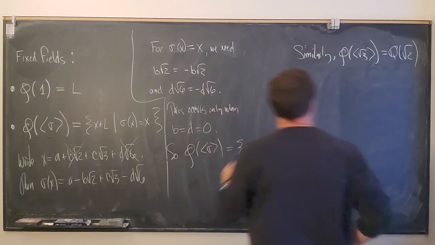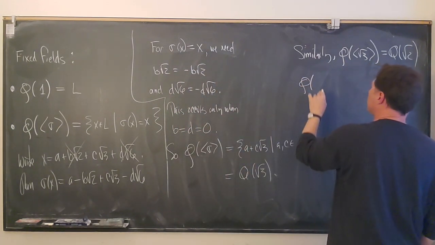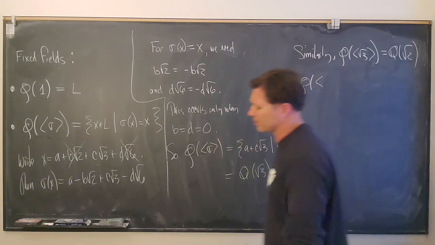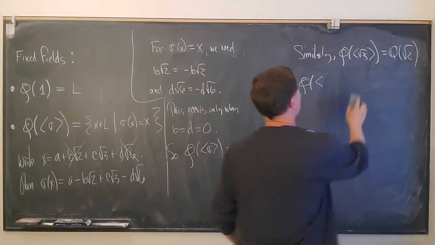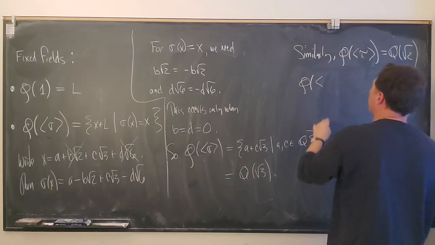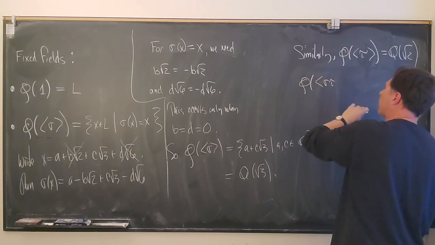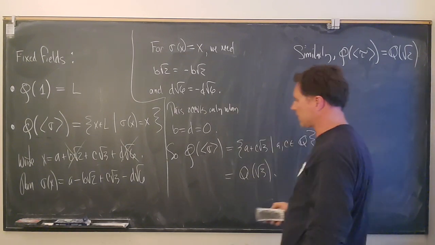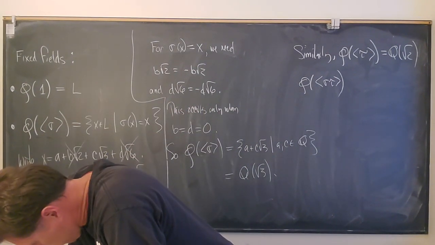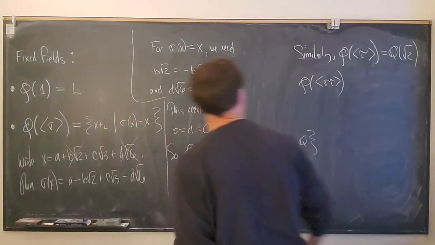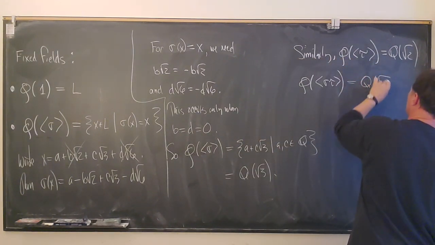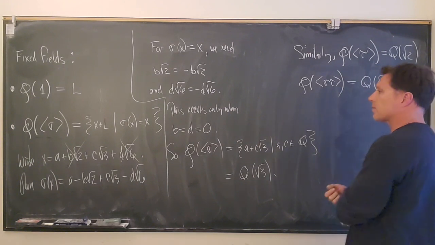Sorry, why did I write a square root of 3 here? This should be tau. And then the last one would be the subgroup generated by sigma tau. So that's equal to Q adjoin square root of 6.